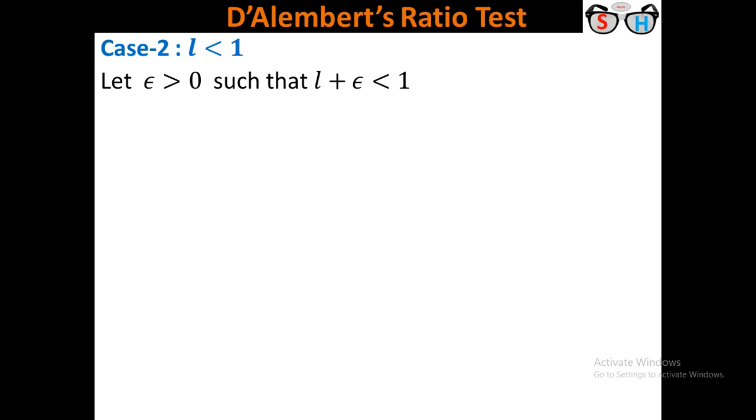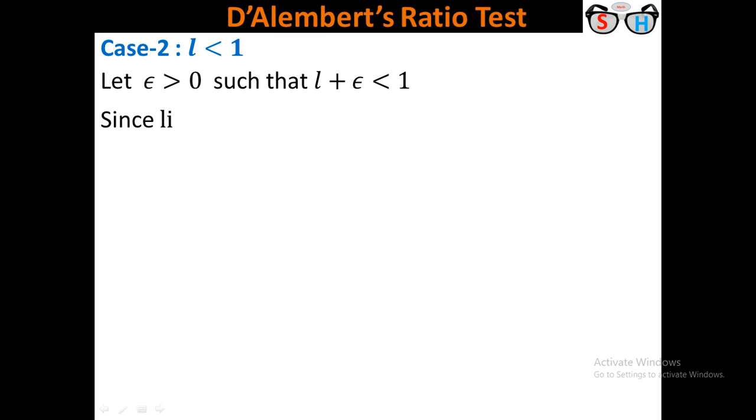But when you add epsilon, then L plus epsilon may or may not be less than 1. So for that purpose we have to choose epsilon maintaining the same inequality, that is maintaining less than. So here I take L plus epsilon less than 1.